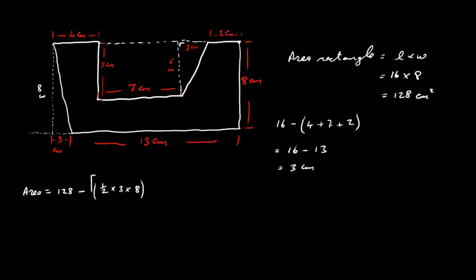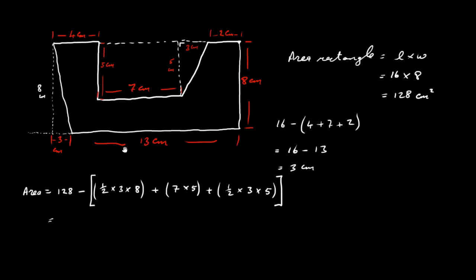We've also got to subtract this rectangle here, which is simply length times width, which is 7 times 5. And then we've also got to subtract this triangle here, half the base times the height again, so it's going to be half times 3 times 5. The reason I put in these big brackets is because we were adding these 3 areas up, and they're all going to be added and then eventually subtracted from 128.